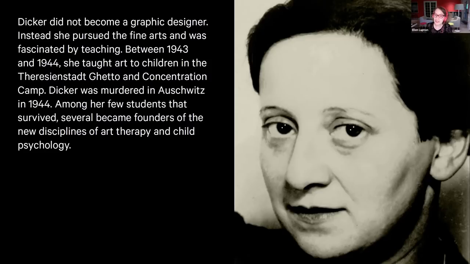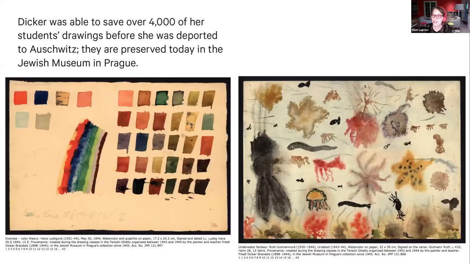But some of her students survived, and those students went on to found the field of art therapy, which is really wild to think that this is part of the heritage of Bauhaus graphic design. And these are drawings by these children from the concentration camp.